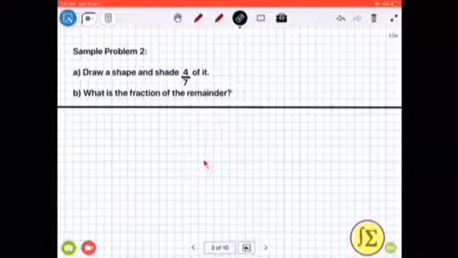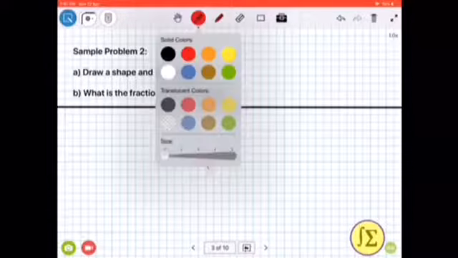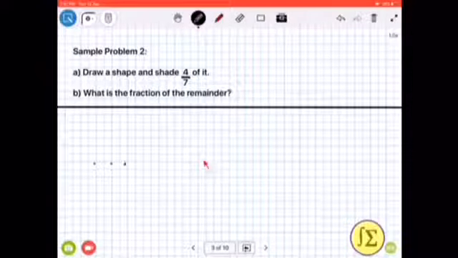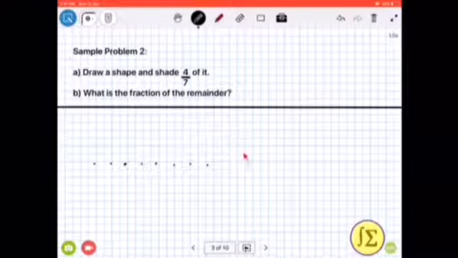So first we'll just mark 14 squares. Okay, that's 2, 4, 6, 8, 10, 12, and 14. Side 14.